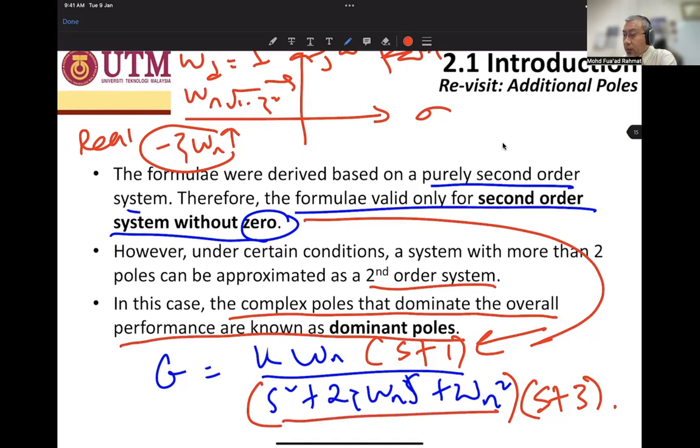This one is considered the dominant pole, and this one is considered the third pole. Why do we call them dominant poles? Because these poles are very near to the imaginary axis, and when poles are near to the imaginary axis, they have a great influence on the output response.